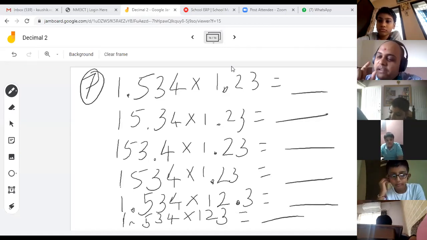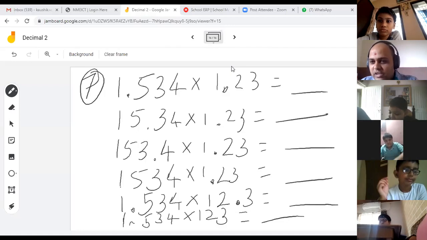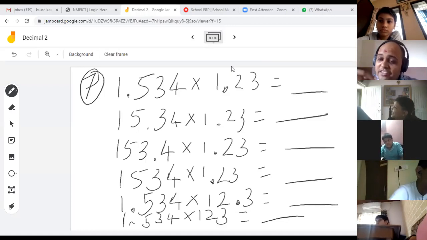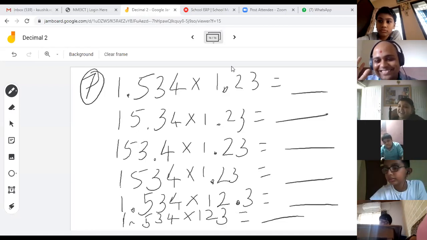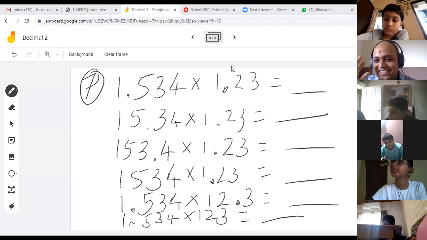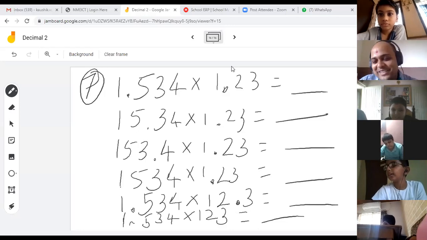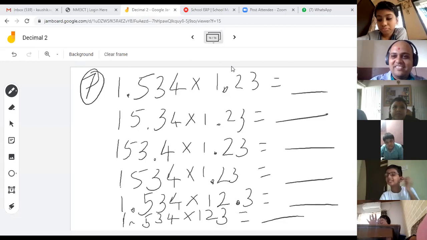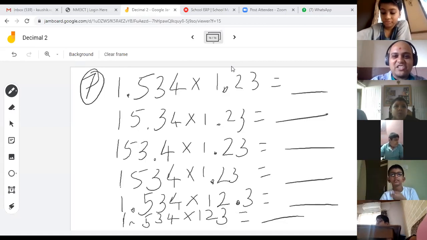The first example will be difficult. You will have to do it the first time properly, and then the rest is mental math. So enjoy this example. Yes, Shivan, it is very easy.